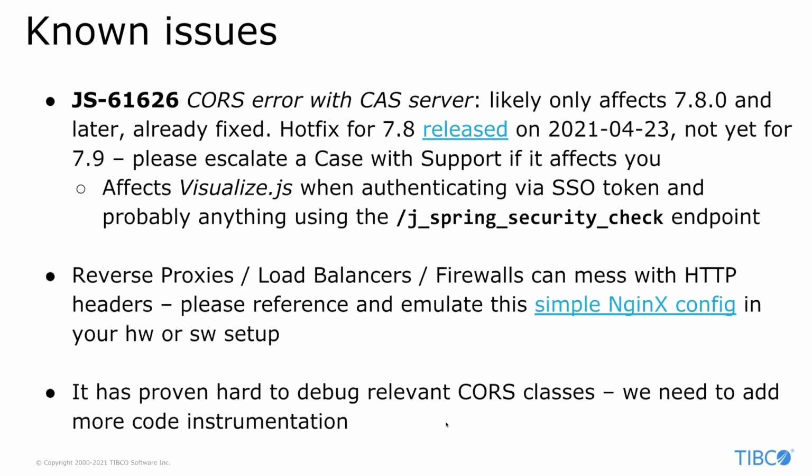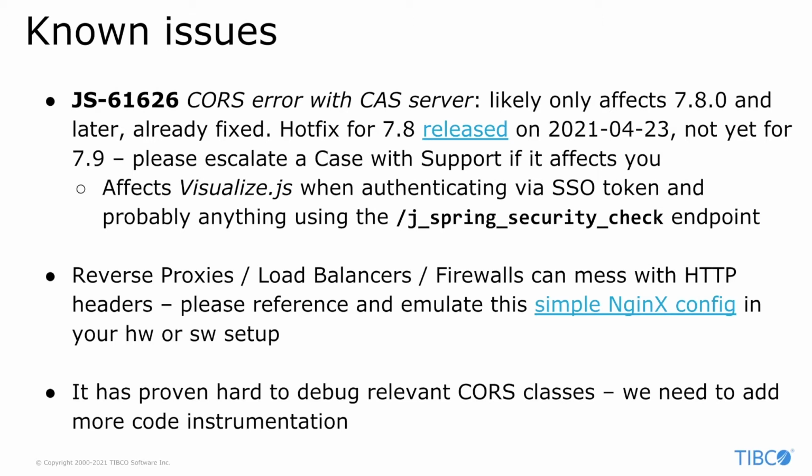Now, in terms of known issues, we have a bug that we found recently. If you're using CORS with a JasperReports Server configured with CAS for authentication, and you use Visualize, or to be honest, anything that uses the Spring security check endpoint, you're gonna have issues unless you apply this hotfix.